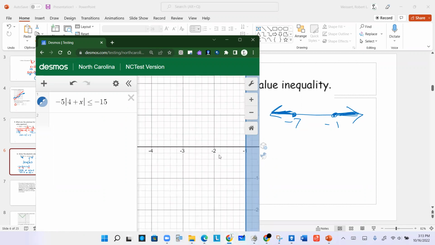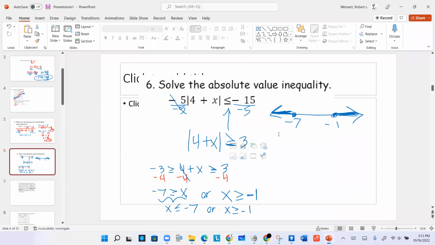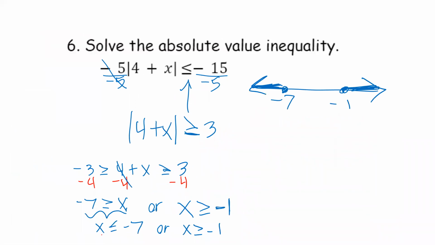And we want to include both negative 7 and negative 1 because they're solid lines because of that equal sign. So when it's all said and done, your answer will match what your graph says, like what we had over here: x is less than or equal to negative 7, or x is greater than or equal to negative 1.